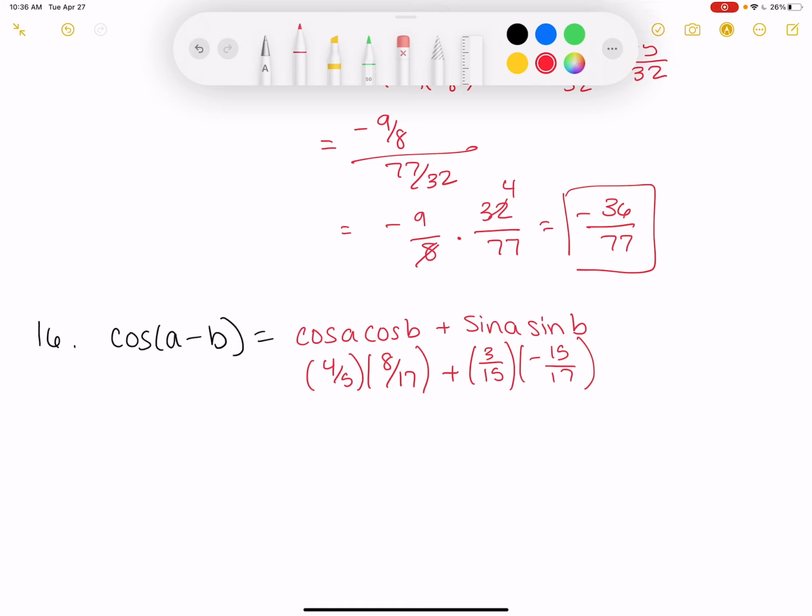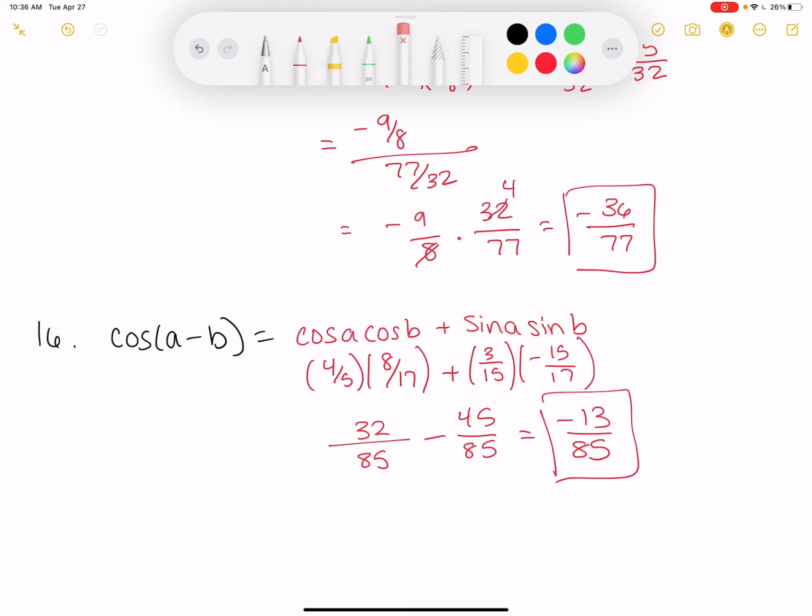All right, so what do you say the bottom is, like 85 or something? Yes. And then 4 times 8 is 32. And then that's going to end up being minus 45 over 85. So is that negative 13 over 85? Yeah. Where'd you get 3 over 15? Is it 3? It's supposed to be 3 over 5, sorry.